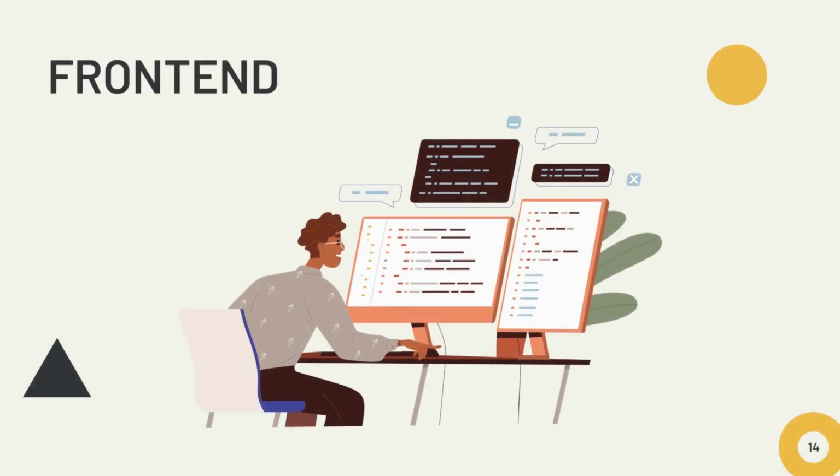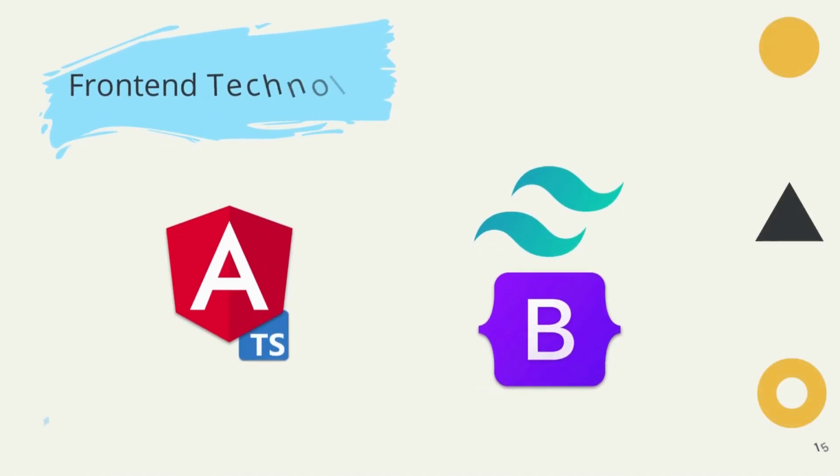For the front-end part, we use these technologies. The main technology here is Angular, which is written with TypeScript. And also we use Tailwind CSS and Bootstrap for the style.